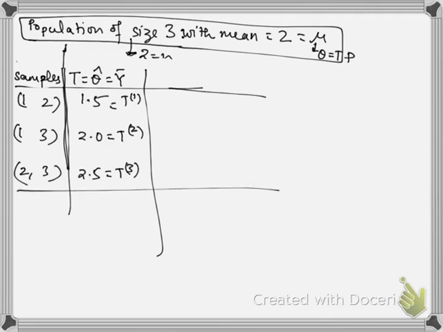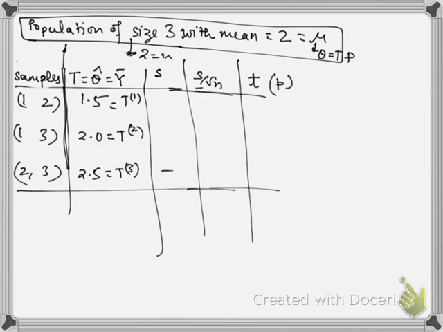And we can also calculate S. Let's first calculate S, and S over square root of n. We can calculate the test statistic and p-value, and we can construct a confidence interval.